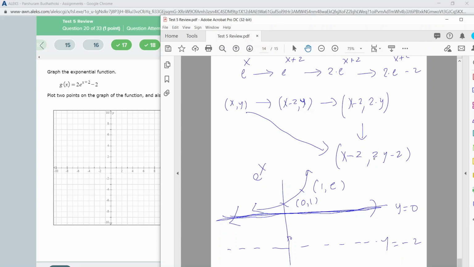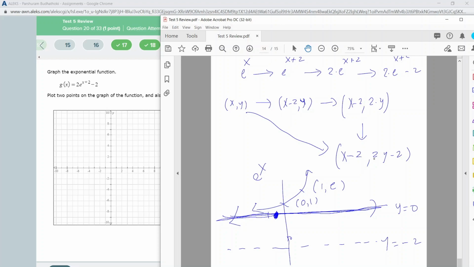This (0, 1) becomes (0 minus 2, which is -2). -2 is here, and 2 times y minus 2 becomes 2 times 1 minus 2, which is 0. So this point becomes this one.